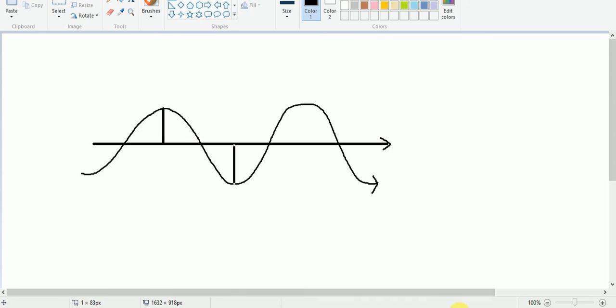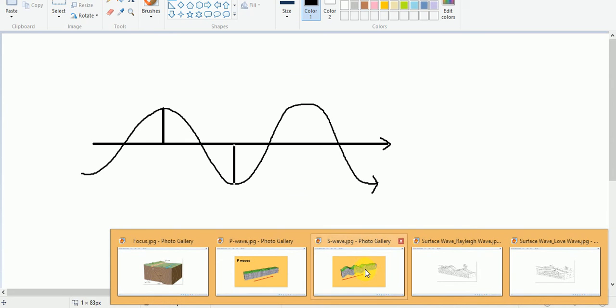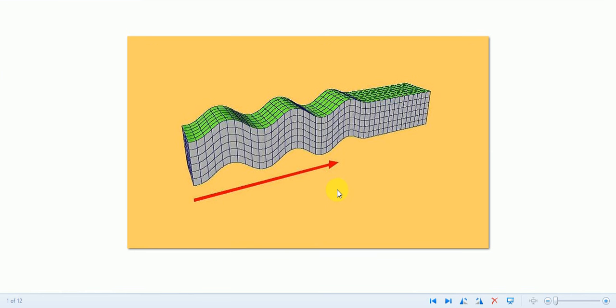And let me show you another diagram. This is about the S wave. How does the S wave propagate, move? See this red arrow shows the direction of movement of the S wave, and see here the waves are moving in this way.